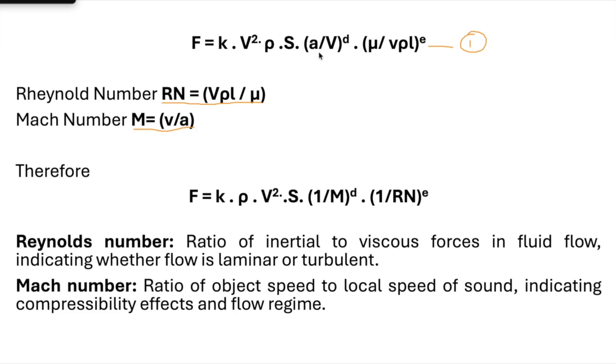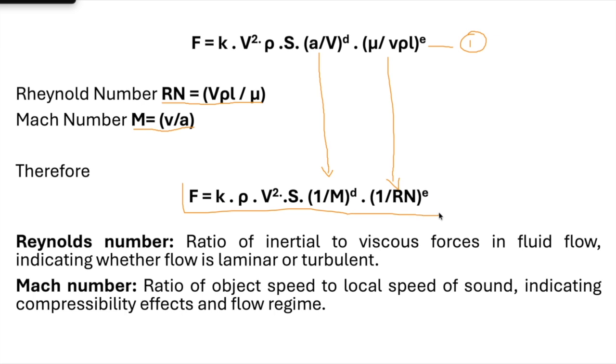Now here, this equation I can write again, and because it has A divided by V, I can write it as 1 over M, and in the Reynolds number there is mu divided by V rho L, so I can write it as 1 over Reynolds number.